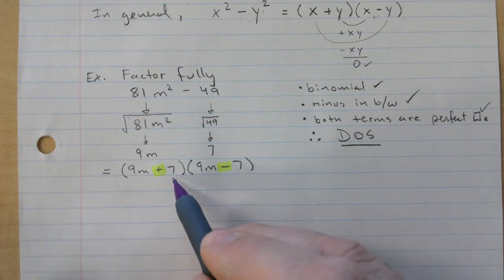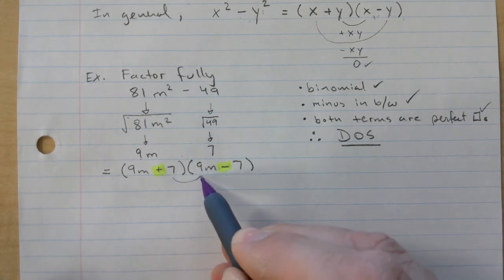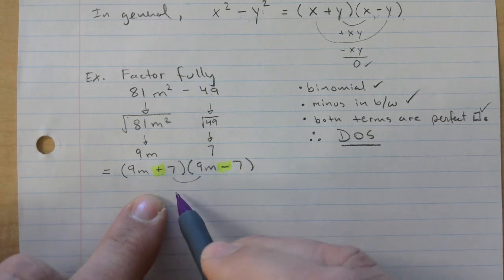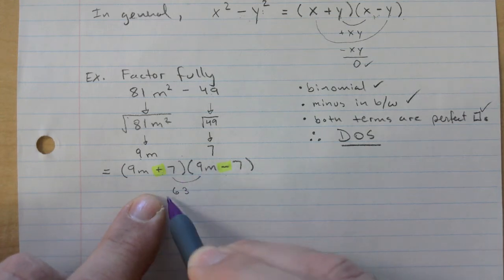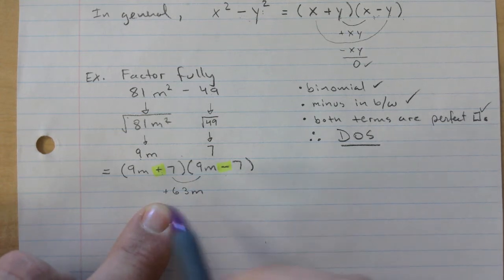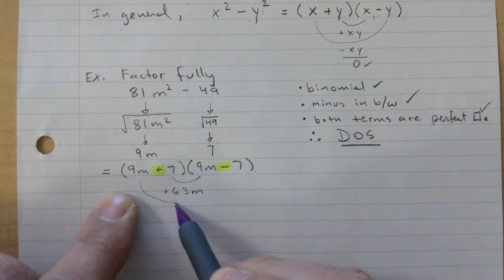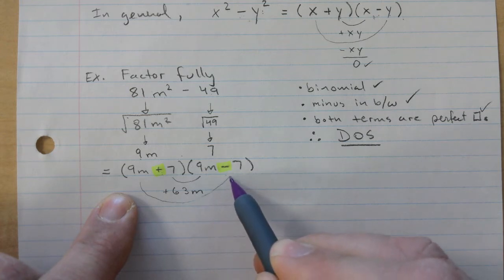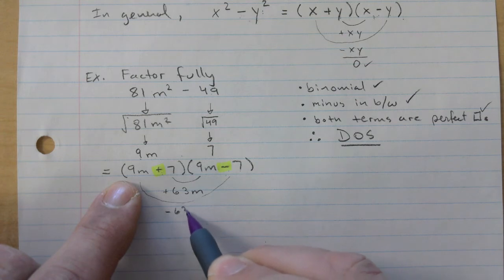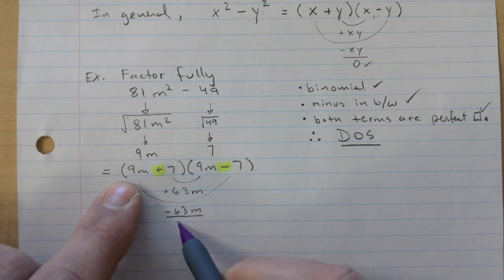Let's do a quick check. If we check these two, 7 times 9 is 63 positive m. And then 9m times 7 on the outside would give you negative 63m, and that cancels out. It's 0m.